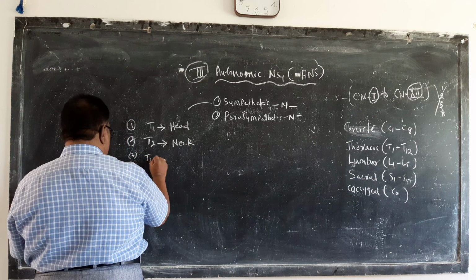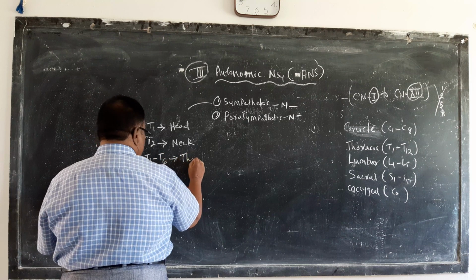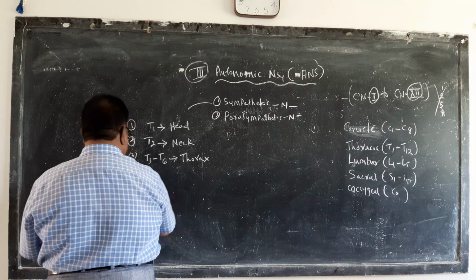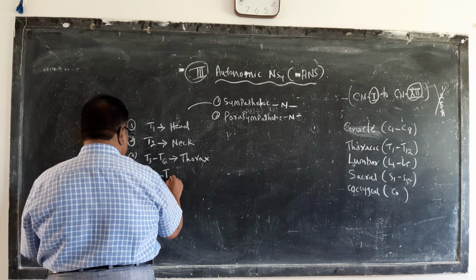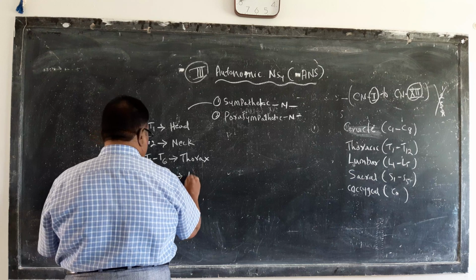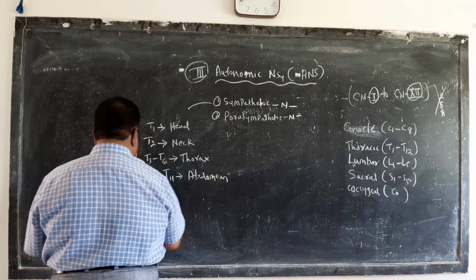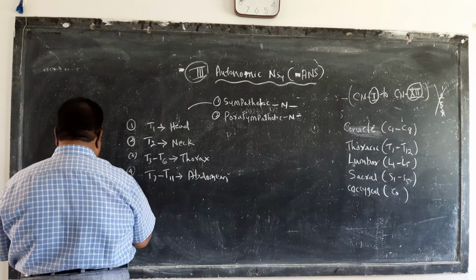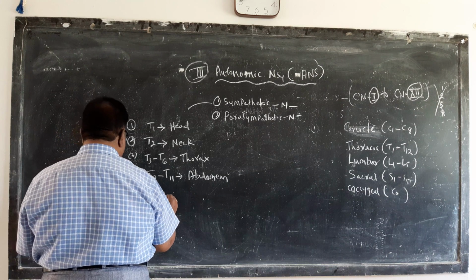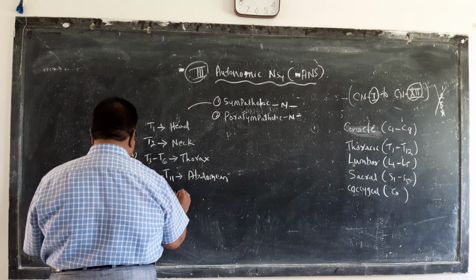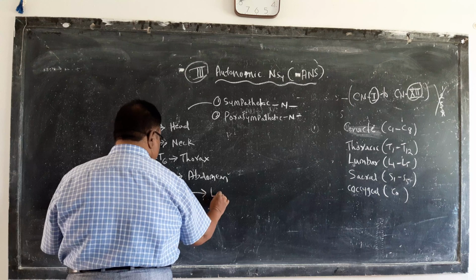T3 to T6, that is thorax, T7 to T11, it is abdomen, then the fifth one is T12 plus L1, L2 to legs.